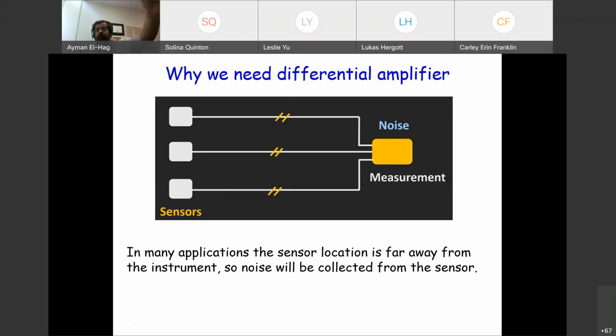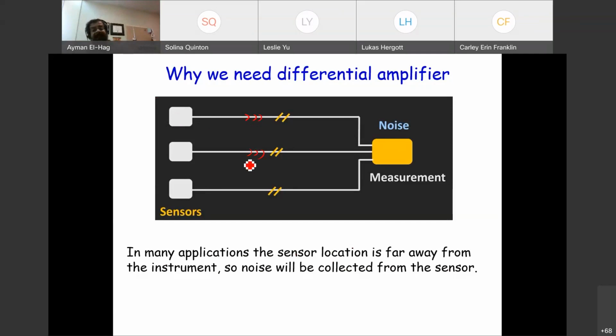Now, when you have a long wire, this long wire is basically acting like an antenna. An antenna will pick up any radiation, any electromagnetic waves from anywhere. And as we know, there are tons of sources of electromagnetic waves spread all over the place. So all these waves will be collected by these wires, and hence you will have a huge amount of noise.